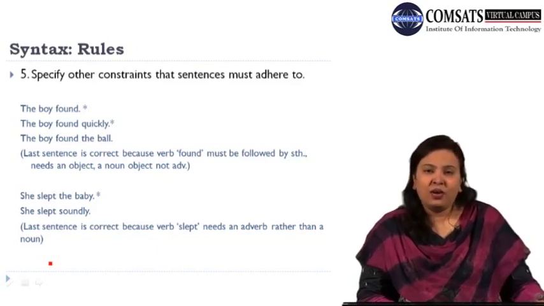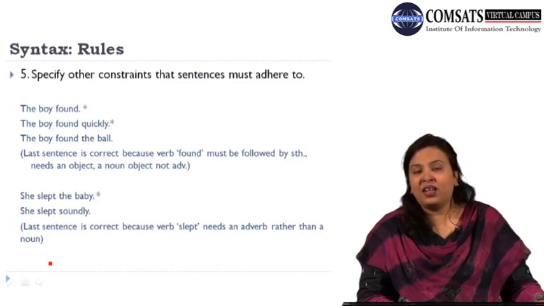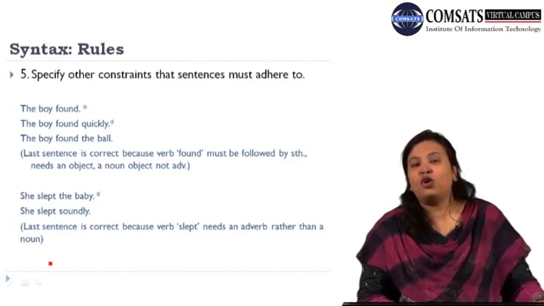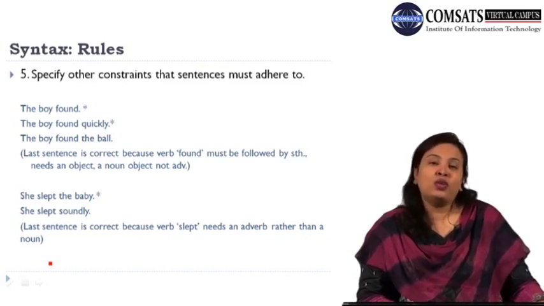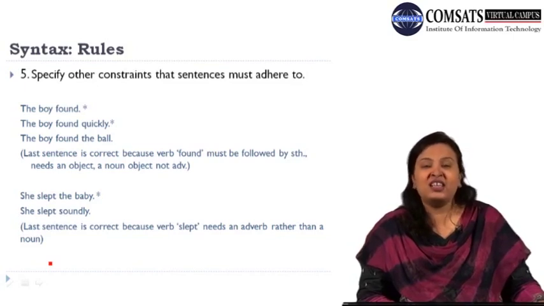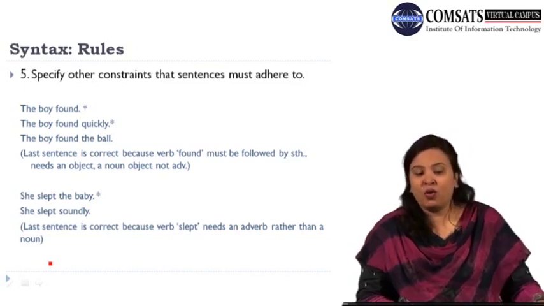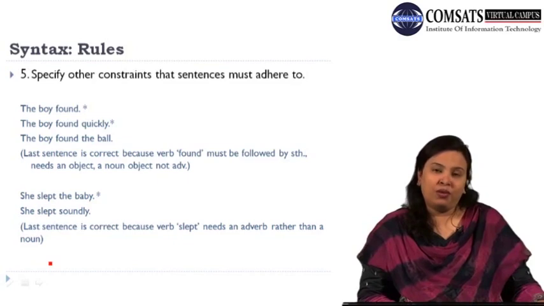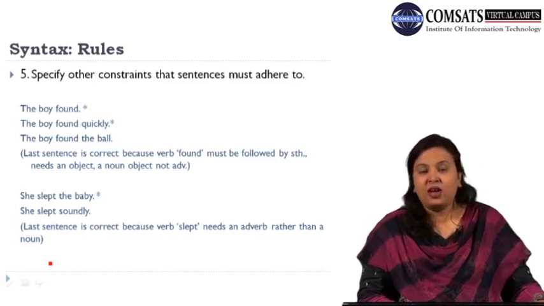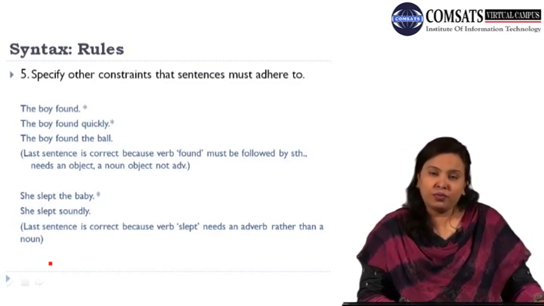Again wrong, because although quickly can be used, it is not giving the specific meaning, not making it clear that the verb found needs something else. Now, "The boy found the ball." This is correct, because I know that the ball is the correct object with respect to the verb found.